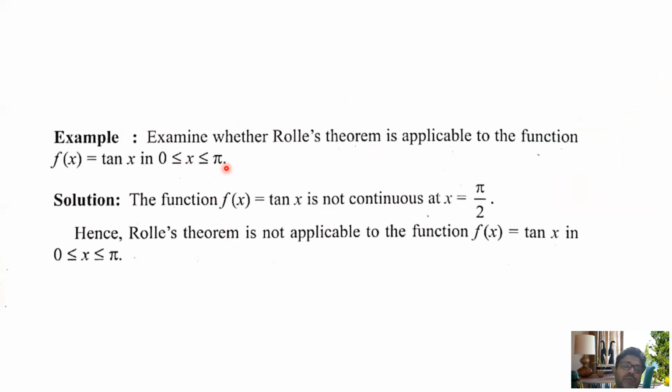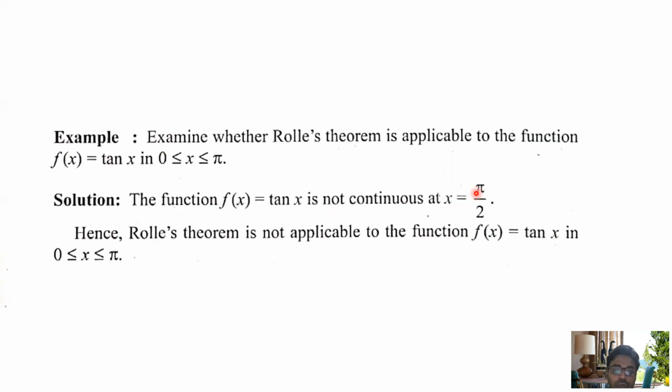You already know, if I put x equals pi by 2, because pi by 2 belongs to this region, tan pi by 2 is undefined. Therefore the function tan x is not continuous at x equals pi by 2. No need to check further the differentiability or f(a) equals f(b), as already discussed in my last question. You just have to check whether the first condition is satisfied.